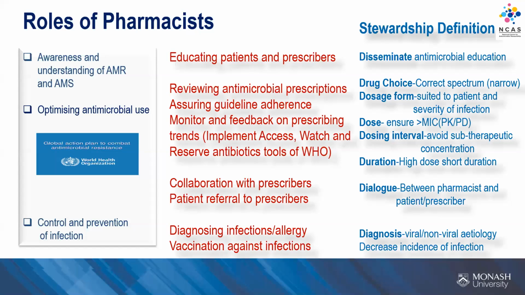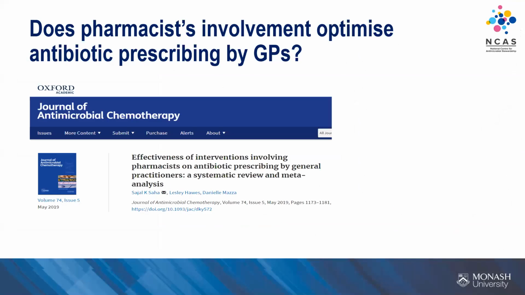But does pharmacist involvement optimize antibiotic prescribing by GPs? So our meta-analysis of 15 studies found that pharmacist-involved AMS strategies were associated with reductions in antibiotic prescribing and improvement of guideline adherence. So what were those promising AMS interventions by community pharmacists?